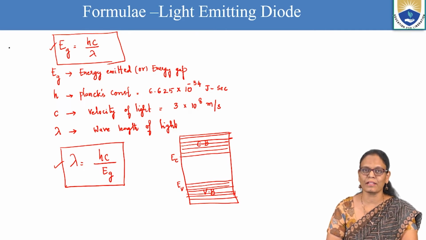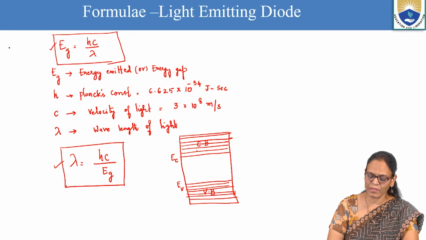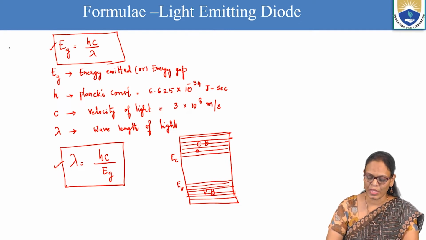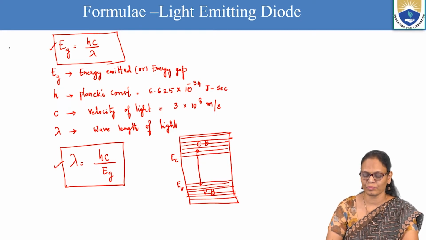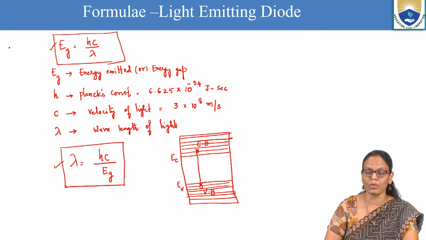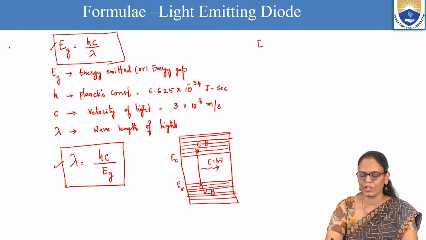Now, in a light emitting diode, whenever an electron that is there in the conduction band recombines with the hole in the valence band, this is the electron here, and this is the hole. When it recombines, the energy is being emitted, and this is equal to h nu. So how are we getting this formula?